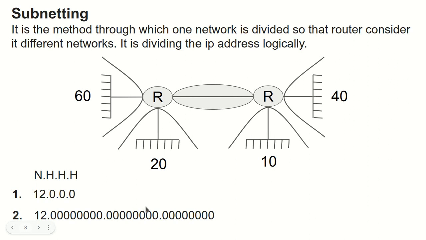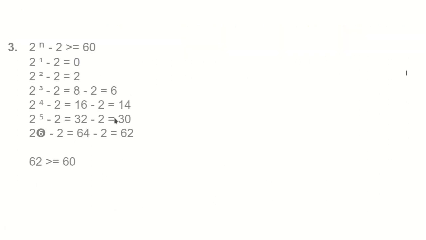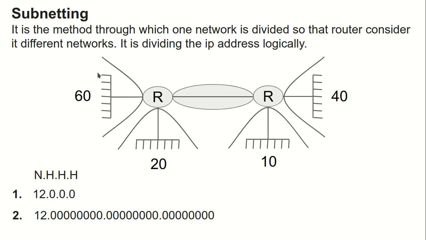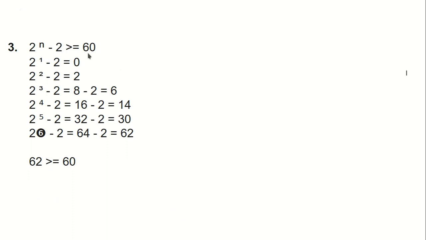Similarly, with this 0 and this 0, all of these will have 8 binary digits. After that, let's do some mathematical calculation. The calculation will start from 60, and the calculation that we will do is 2 raised to the power of number minus 2.